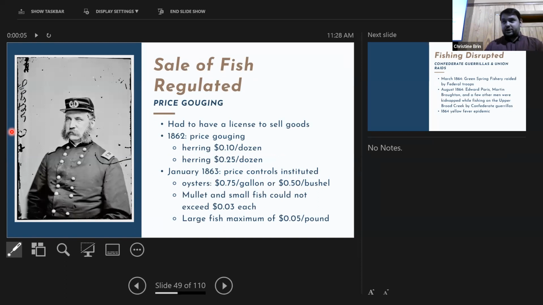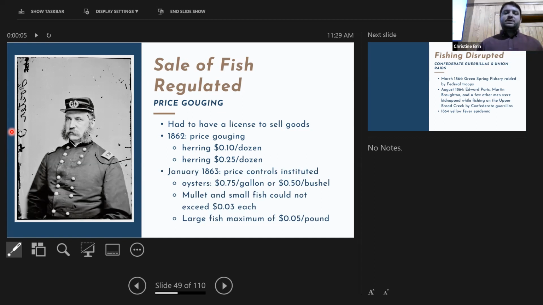So the sale of fish in Craven County also became heavily regulated, and that's to do with price gouging. So this influx of all these Union troops who've got ready cash to pay for goods, the merchants and fishermen, they're like, we can make some money. And so they more than doubled the price of fish. And then all the local civilians, they complain to the military authorities and say, we can't afford to buy fish.